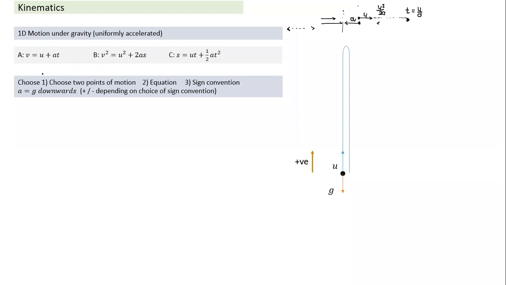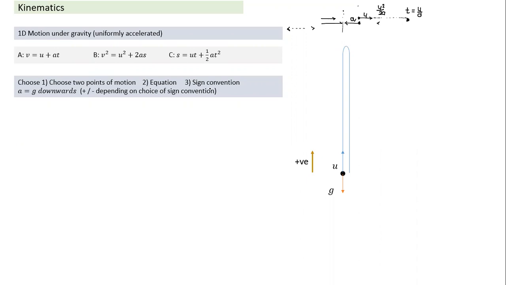So always when we apply this equation, it applies to two different points. Once we are clear about which two points we are applying it to, it becomes easier. Some of the people are finding a little difficulty. So we have to choose which two points of motion I need to apply. Then I have to choose among the three which equation we need to apply.